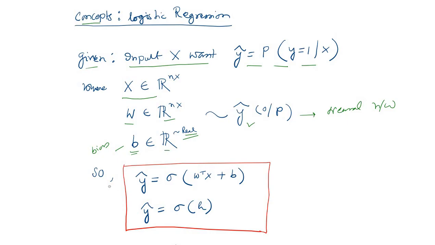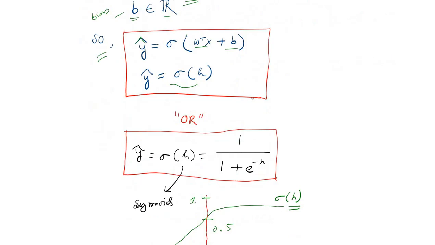Using logistic regression we can denote this output y cap as sigma of w transpose x plus b, which is also represented by sigma of h. This is nothing but the sigmoid function in logistic regression.